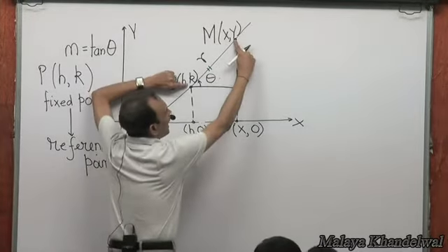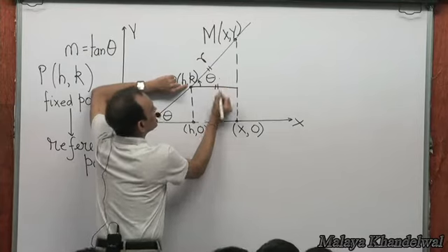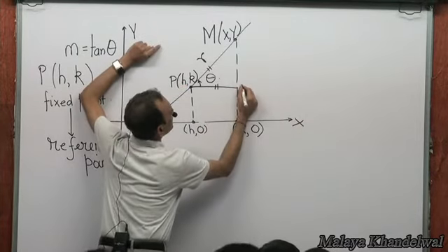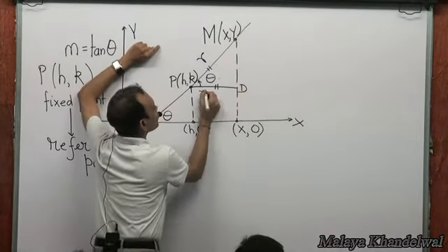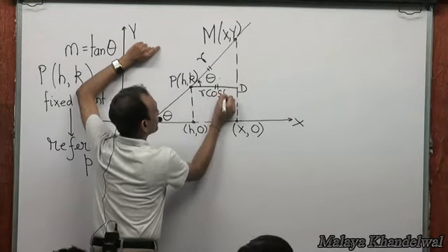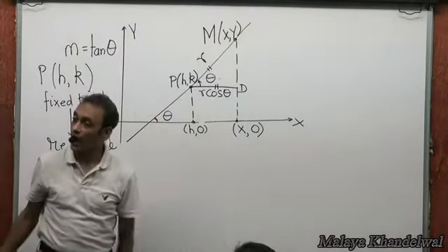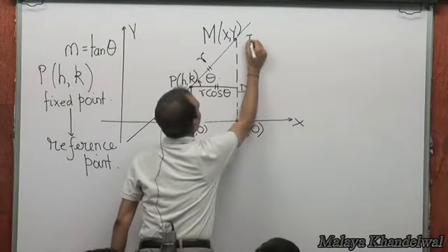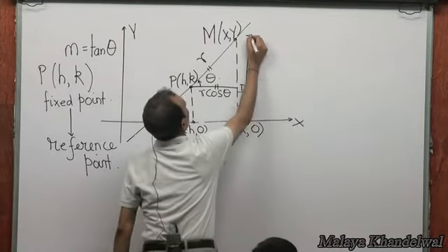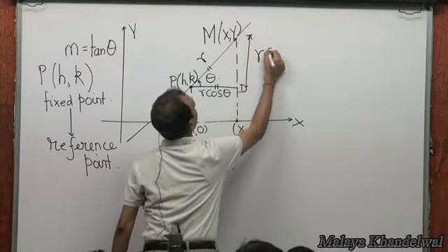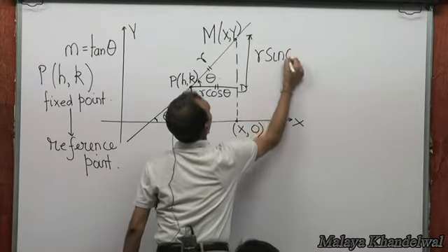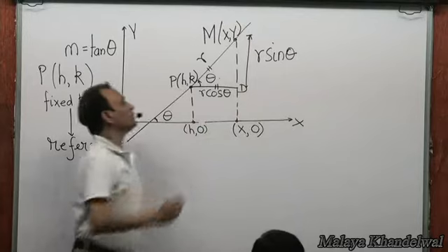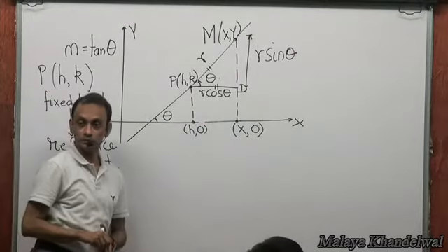If this length is r, then this distance PD would be r cos theta. Clear? And MD would be r sin theta, right? Clear?